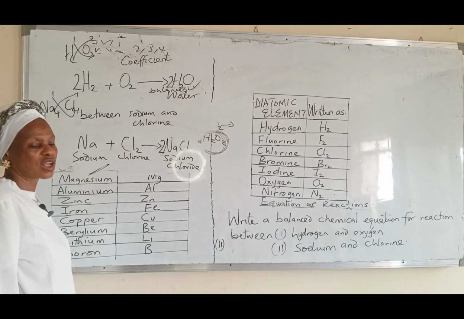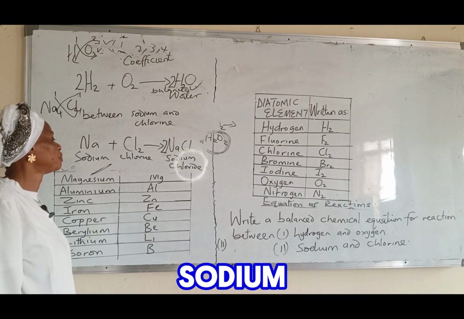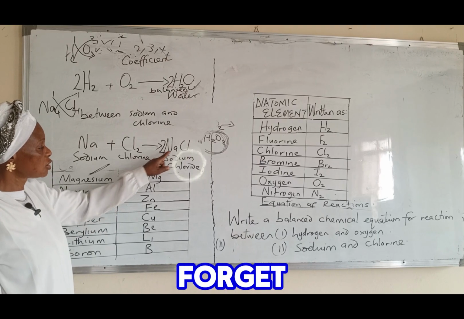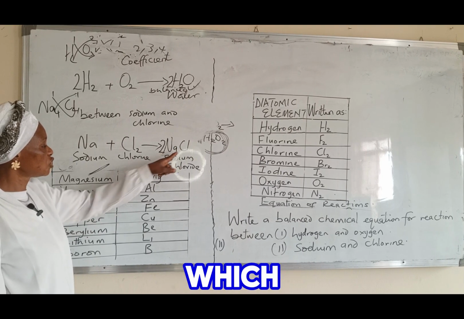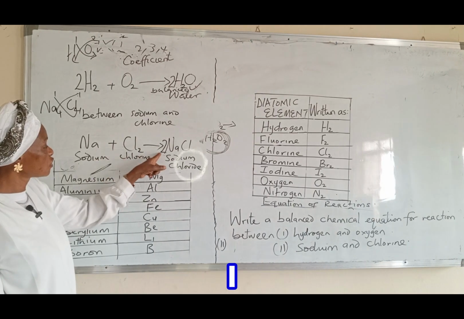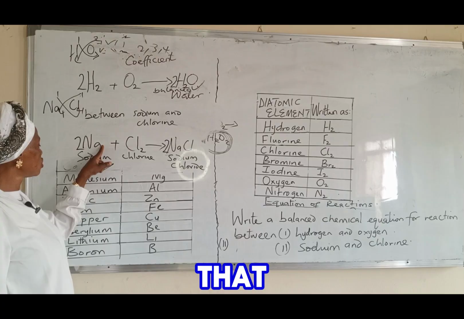See? Have you seen it now? So something has happened to sodium. It's now these 2, don't forget it to multiply the subscript here, which is 1. 2 times 1 is 2. So sodium is now 2. So now I have 2 atoms of sodium. Automatically my coefficient will be here, so that it will multiply 1 here.